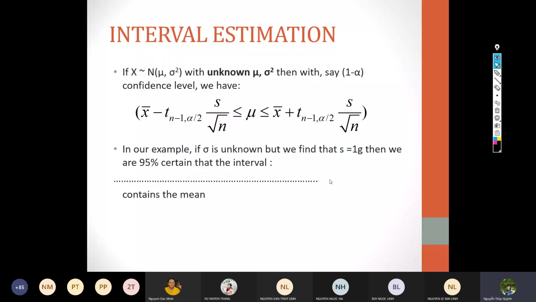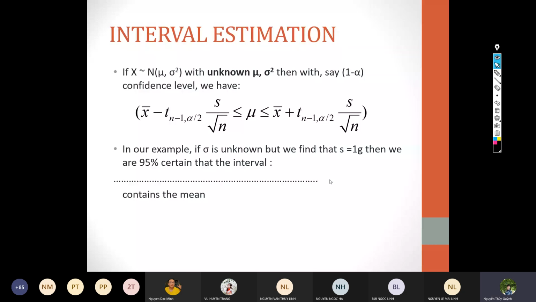Then what will be the confidence interval for mu at the level of significance of 5%? Now just plug the numbers into the formula.